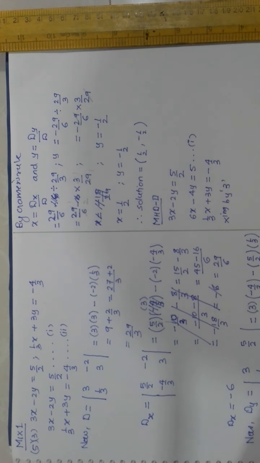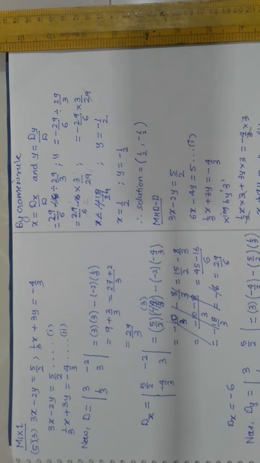I multiply before the plus sign and after the plus sign: 1 by 3x into 3, 3y into 3, and after equal to, 4 by 3 into 3. So this 3 cancels wherever it is. So you get here x plus 9y is equal to minus 4. This is your second one.